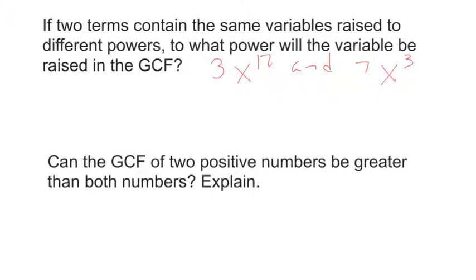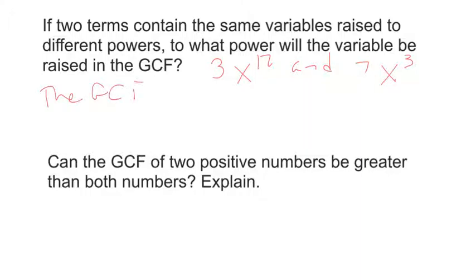So whenever you have a variable to an exponent within two terms that you're trying to find the GCF of, if it's the same variable, the GCF is going to have the lower of the two exponents. So in two terms, if two terms contain the same variable, what power will the variable be raised to in the GCF?